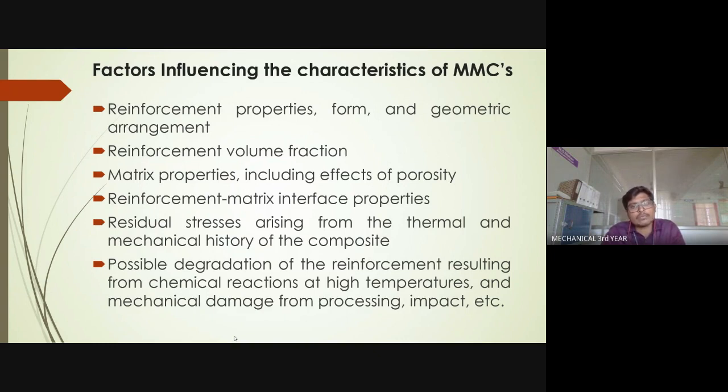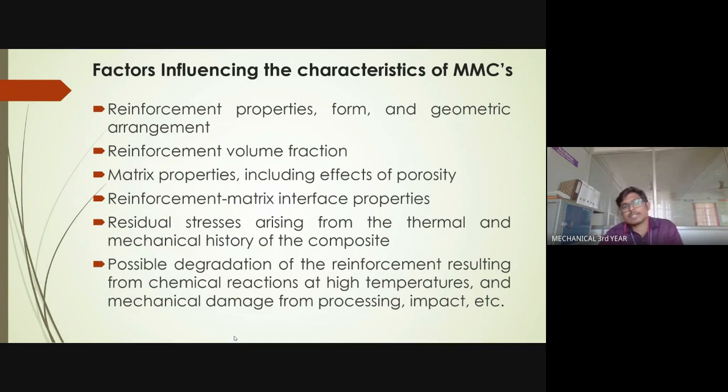At the same time, if your matrix becomes less, if you are mixing the matrix lesser compared to your reinforcement, then say, for example, if you are adding a fiber as a reinforcement, the fiber may pop out. In that case it is prone to atmospheric interaction, and it may be subjected to oxidation reaction, which leads to failure of the product. So the reinforcement volume fraction has to be considered as a very important thing. What volume of matrix you are going to use and what volume of reinforcement, that has to be calculated very effectively.